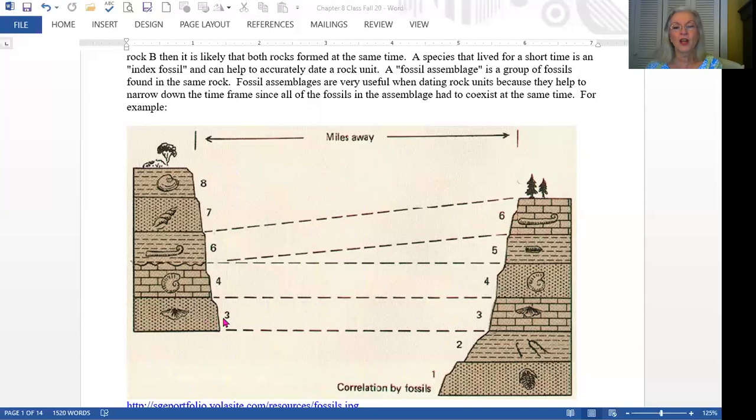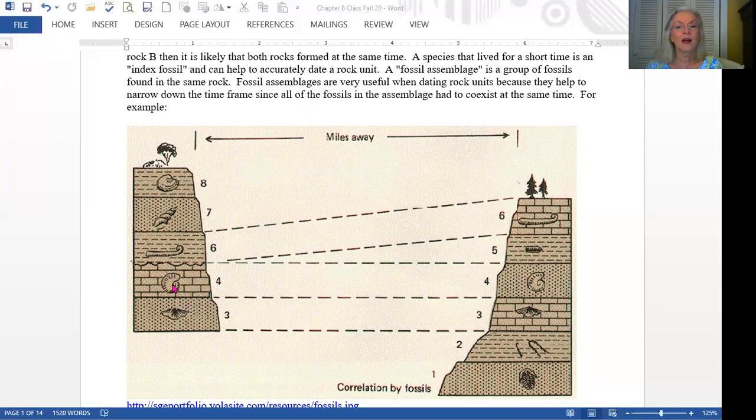That means they share a time, an age, that layer number 4 on the left-hand side matches up with this fossil. So even though my rocks are different, because the fossils are the same, I'm assuming that they're the same age, that they formed in the same time frame.